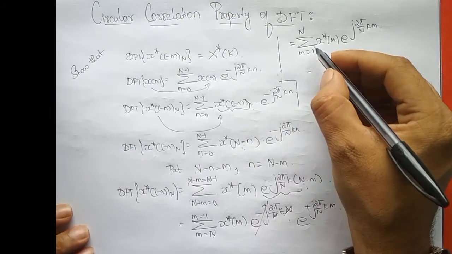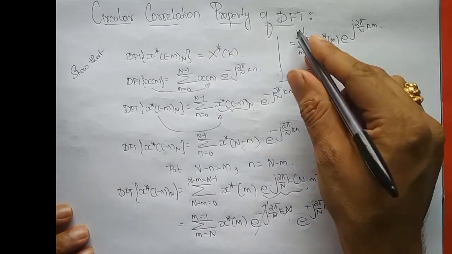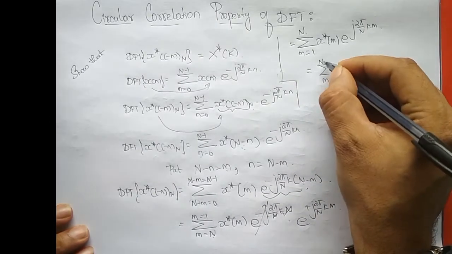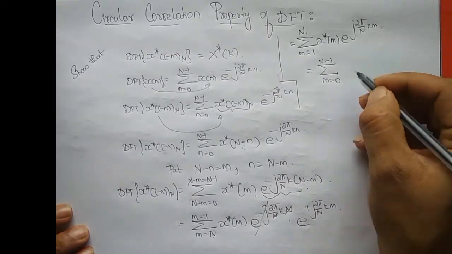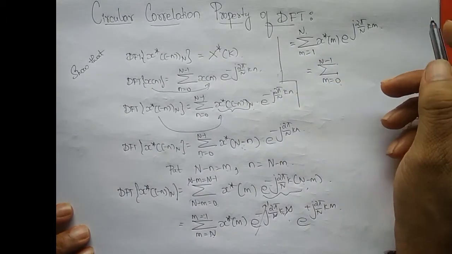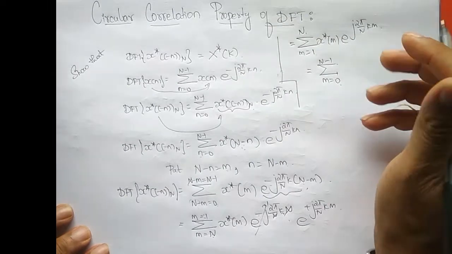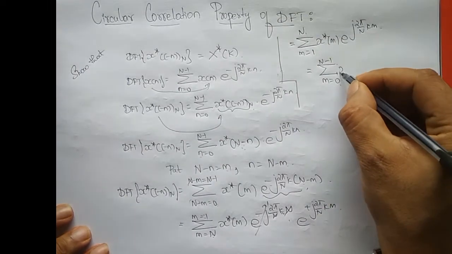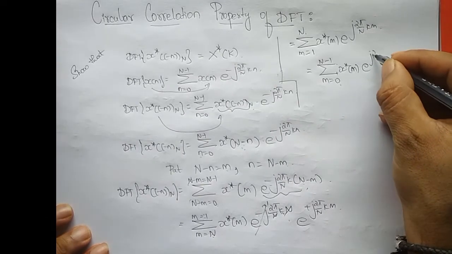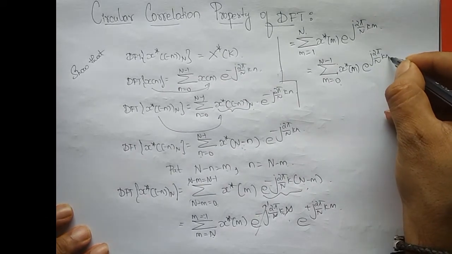Instead of writing 1 to N, which covers capital N number of samples, I'll write it from 0 to N minus 1, since it's periodic in nature, 1 to N is equal to 0 to N minus 1, so that I can cover one complete set of N samples.